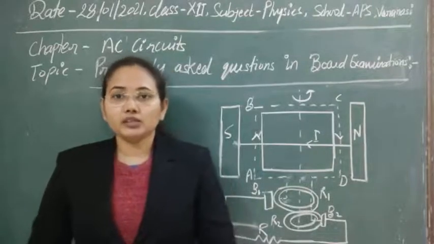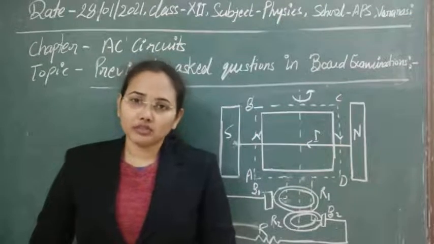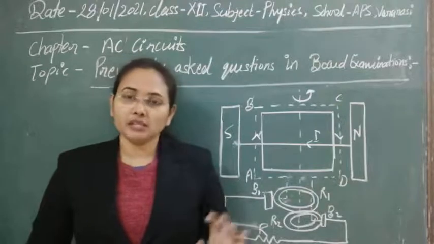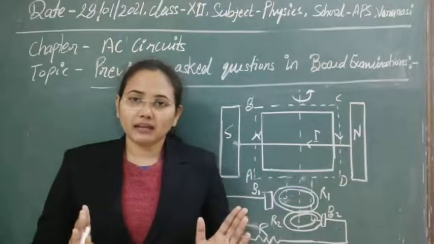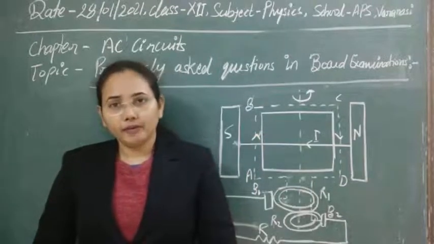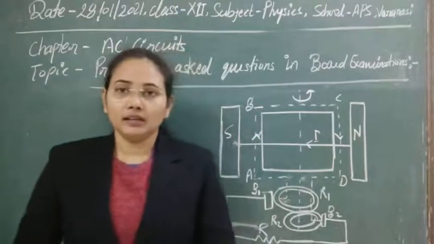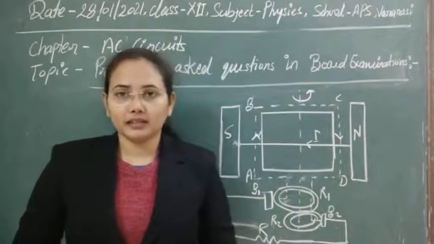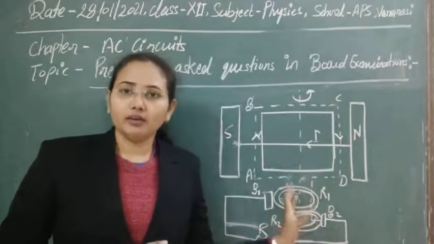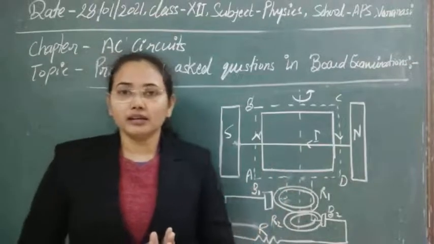By using these three methods, we can change magnetic flux and also produce EMF. But here we are using only the third factor: we have constant area and constant magnetic field, but we change the angle between them, and with the help of that we produce EMF by electromagnetic induction. So I think now the working of the AC generator, the diagram, and the working of all the components are clear, students.